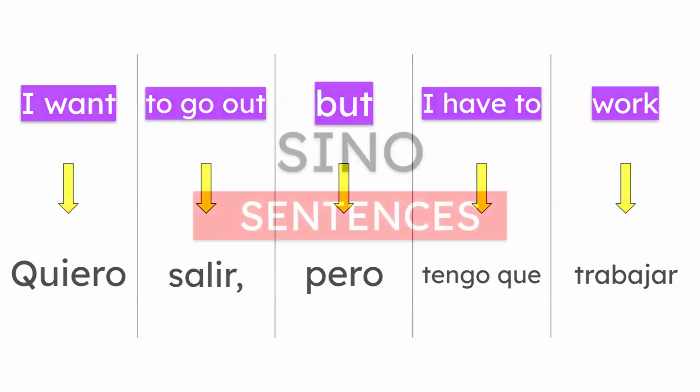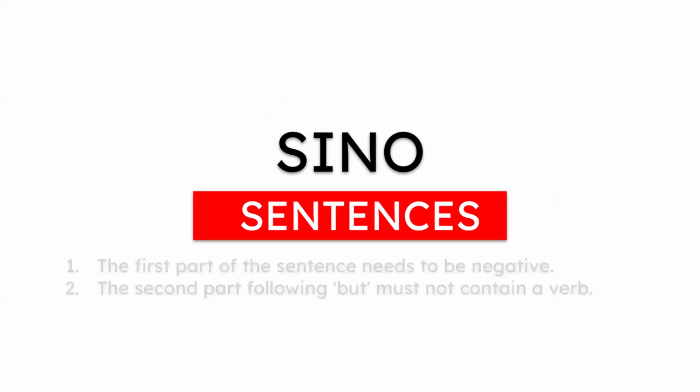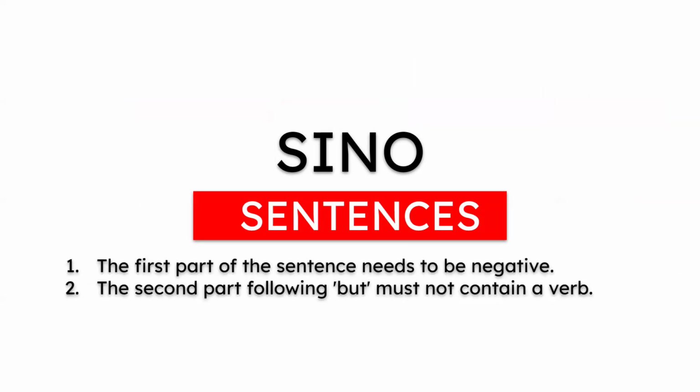Now, moving on, we have the SINO sentences. So when do we use SINO for but? Well, here we have a couple of rules. We use SINO when the first part of the sentence is a negative phrase, right? And the second part of the sentence following but must not contain a verb.